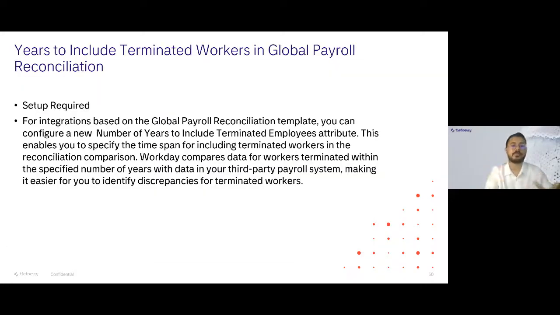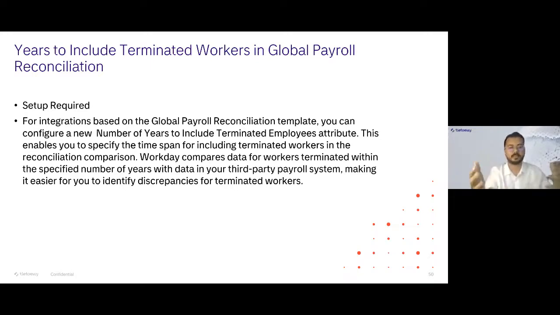Then coming on to the next one, the ability to include terminated workers in global payroll reconciliation, and for this setup is required. For integrations based on the global payroll reconciliation template, you can configure a new Number of Years to Include Terminated Workers attribute.